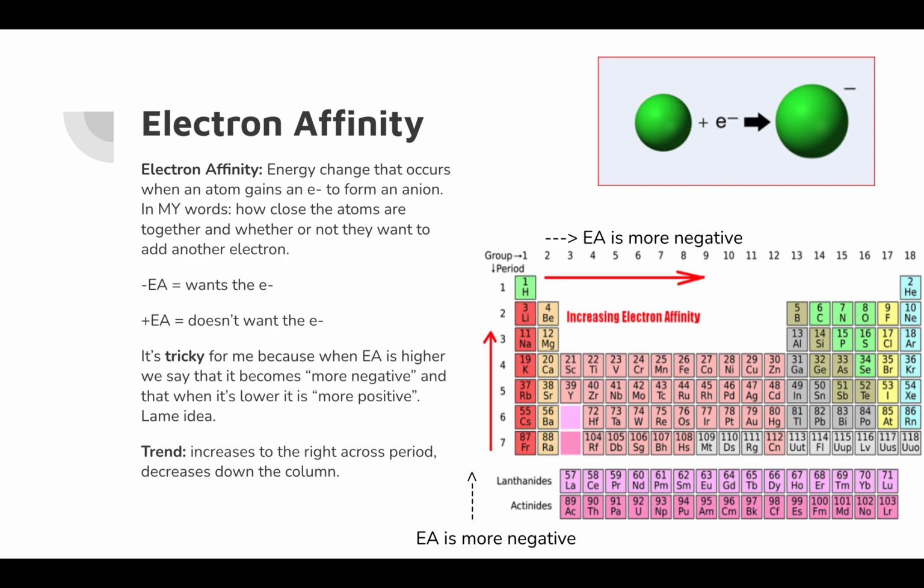But what we really need to know is that electron affinity increases, it gets more negative. So kind of similar to ionization energy, these are groups of girls.